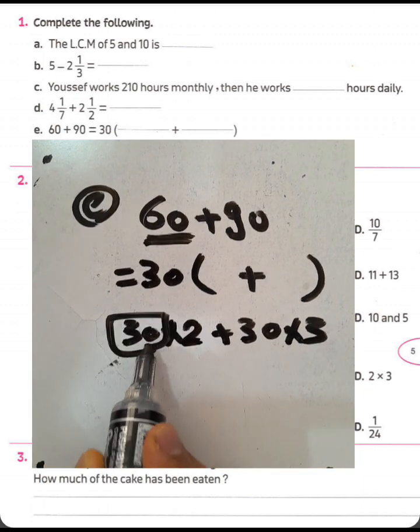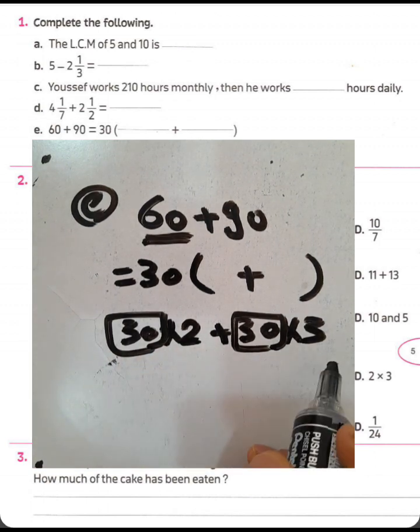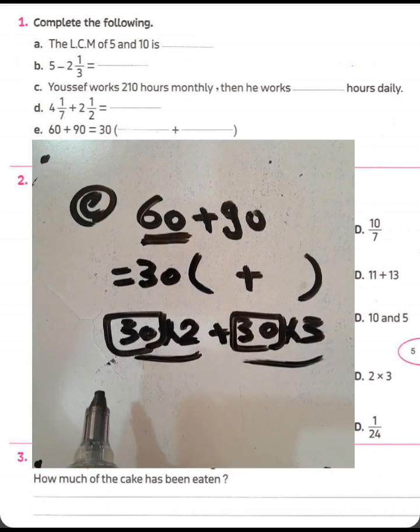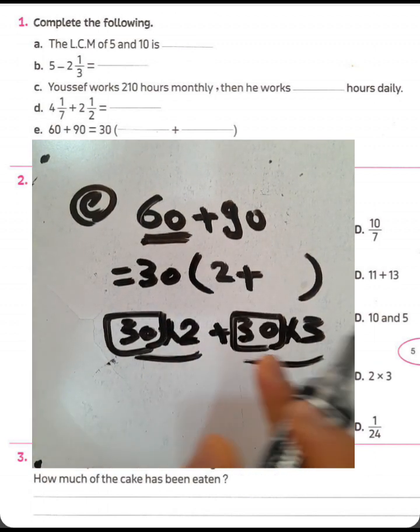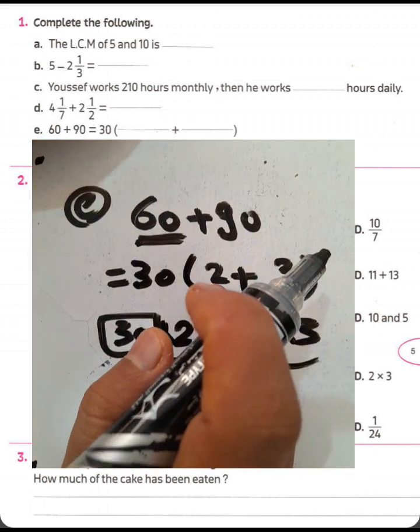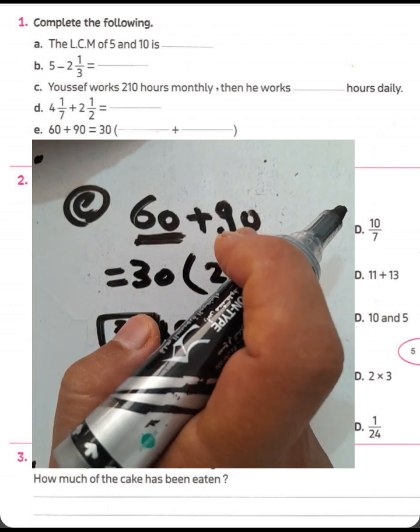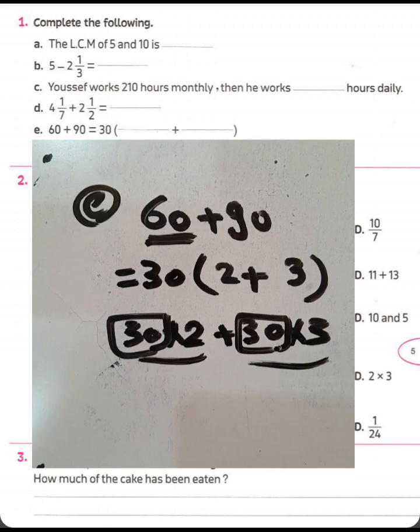Then we can write 30 here outside, the highest common factor between the two terms. Okay, the remainder here will be 2 and here 3. Or you can find the first number by dividing 60 by 30 equals 2 and 90 divided by 30 equals 3. Understood?